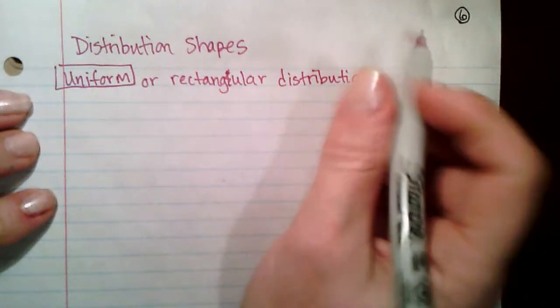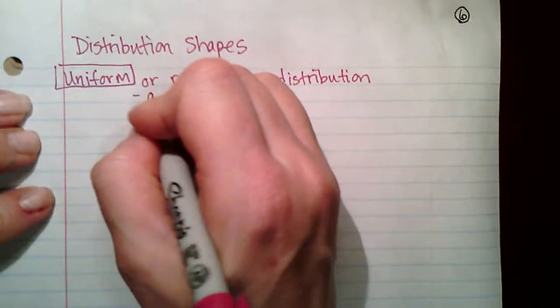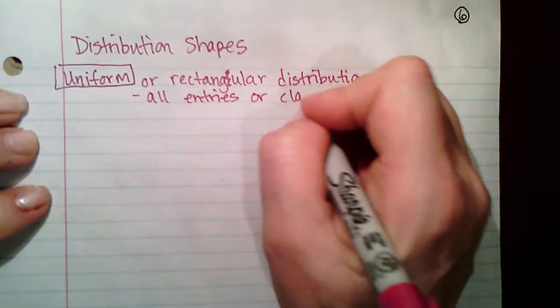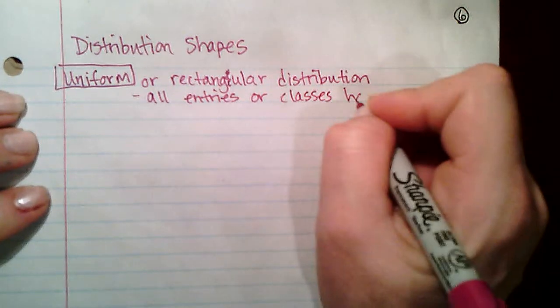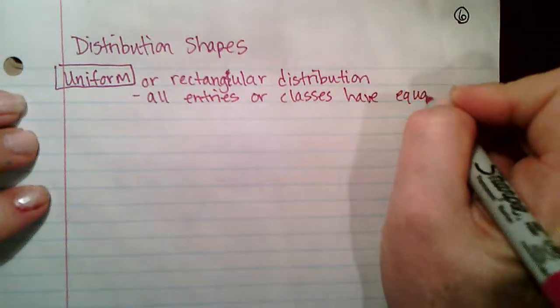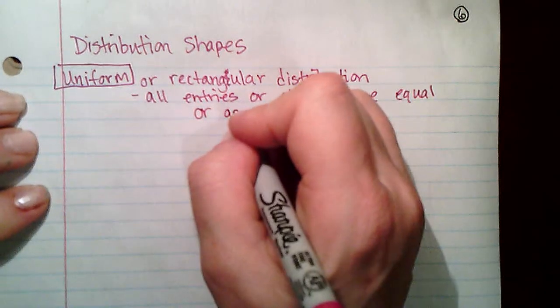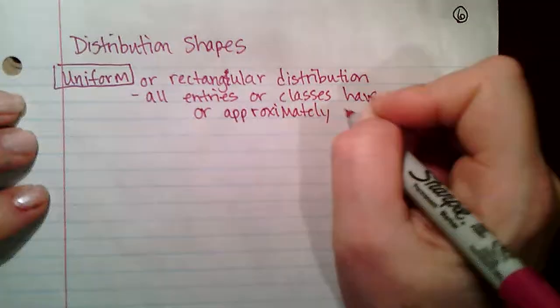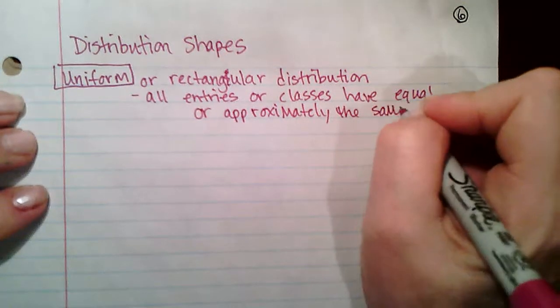In a uniform distribution, all entries or classes have equal or approximately equal, approximately the same frequencies.